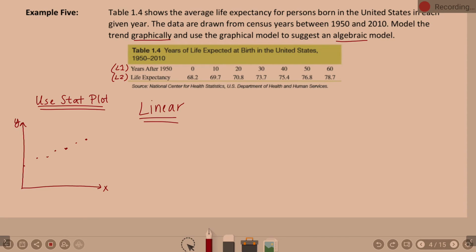We're going to think linear model. We're going to think y equals mx plus b. Like earlier, we didn't think, oh, y equals ax squared. That was our parabola model. Linear, we're going to think y equals mx plus b. That is our form of the line. What do we have to know here?